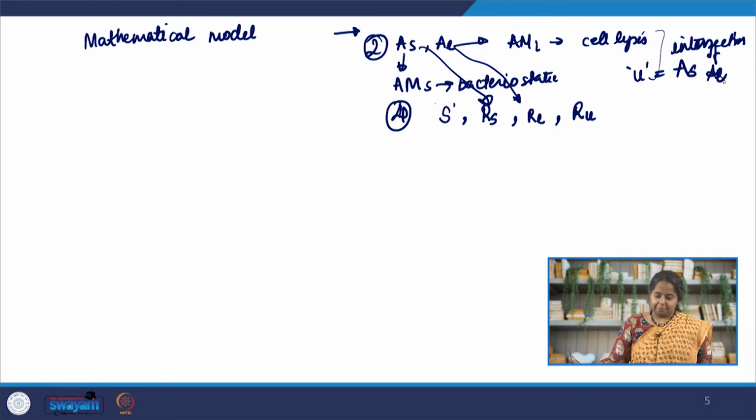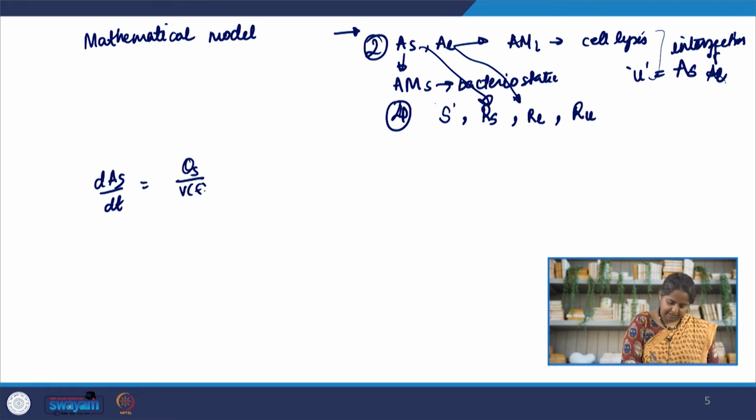Okay, so let's start with the equations for antibiotics. The equation for antibiotics will look like this. So dAs by dt, rate at which the bacteriostatic antibiotic is changing with time, is this. This is inflow minus concentration.